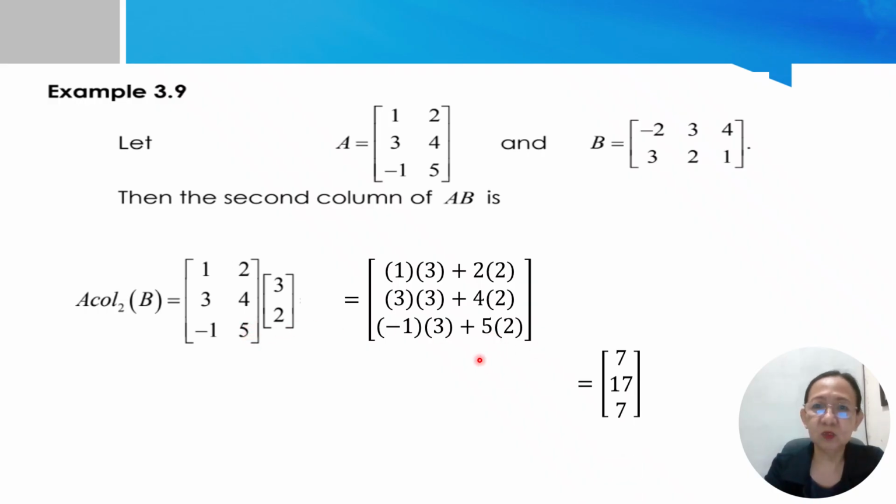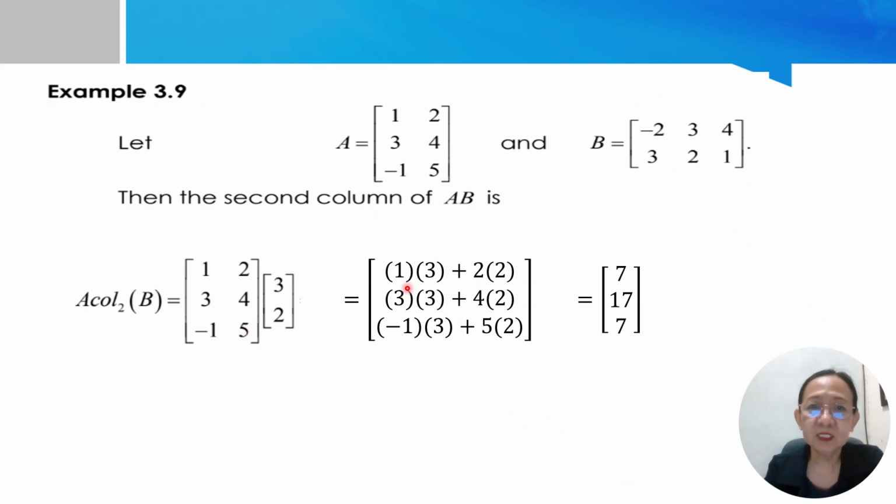So, the result will be, let us simplify. 1 times 3 is 3 plus 4, that is 7. We have here 9 plus 8, that is now 17. And then negative 3 plus 10, that is 7. So the second column of AB is 7, 17, 7.